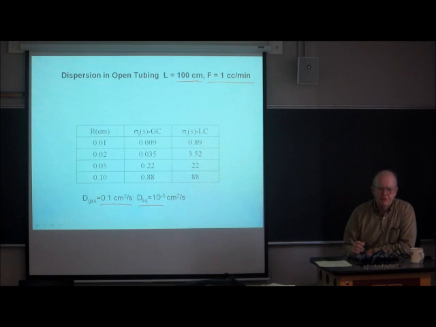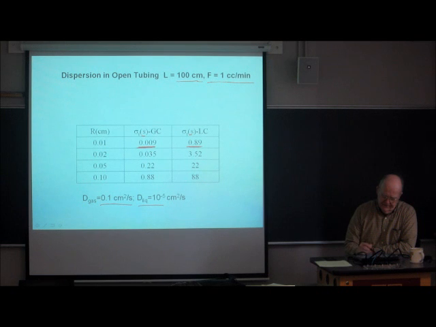Look at the numbers. The sigma of the distribution in GC, these are all in seconds. That's 9 milliseconds. However, in a liquid, it's 9/10 of a second.